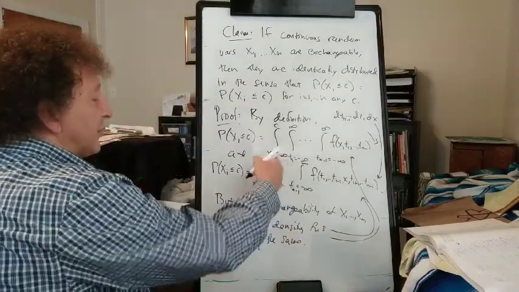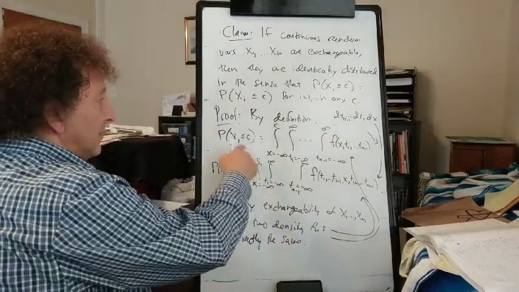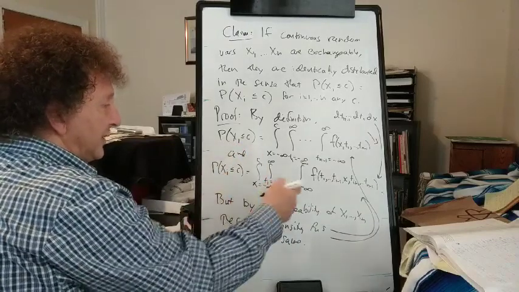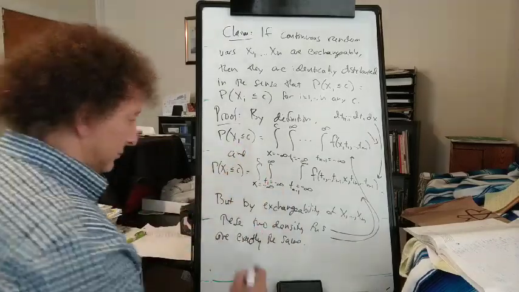So then if we do these integrals in this order, saving x1 for last here and xi for last here, then we get the same integral.